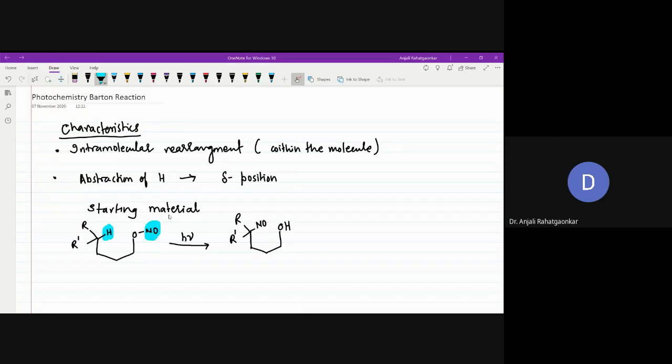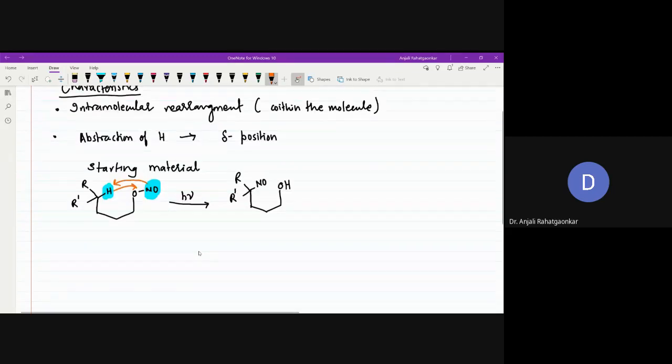This NO is shifted over here, right? This NO is shifted over here, and this H is coming over here. It is not as easy as it looks, because the chemistry is in the mechanism. When we see the mechanism, it is very important to understand why this NO will be coming out after hν.